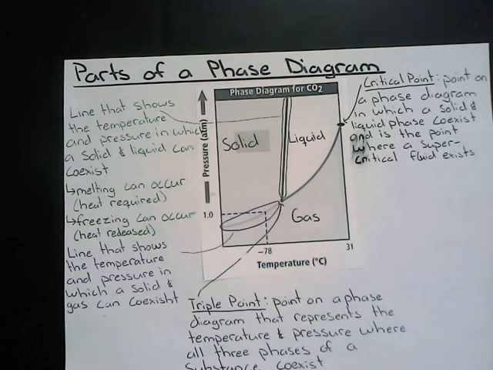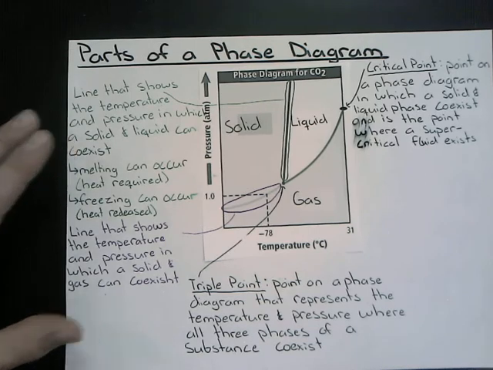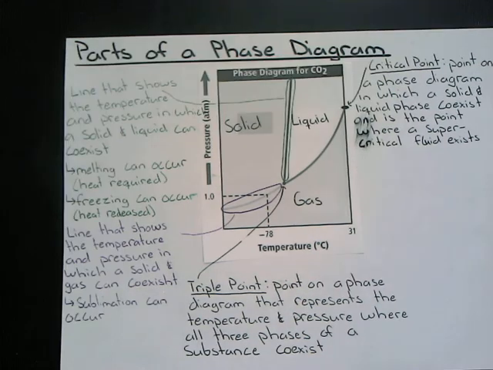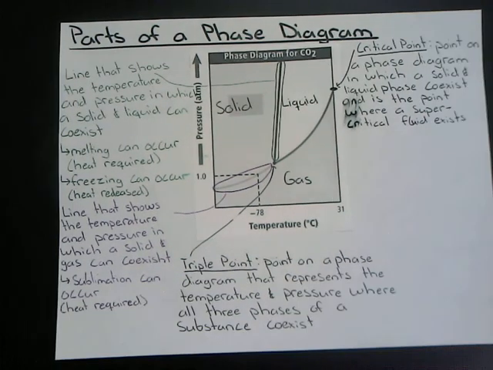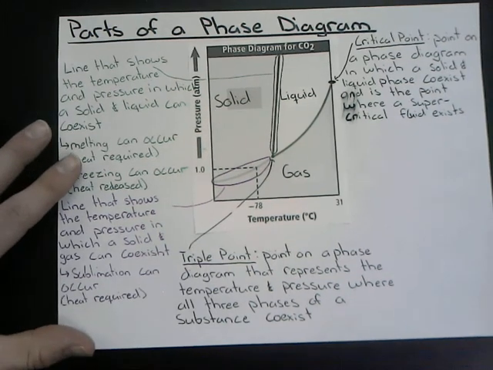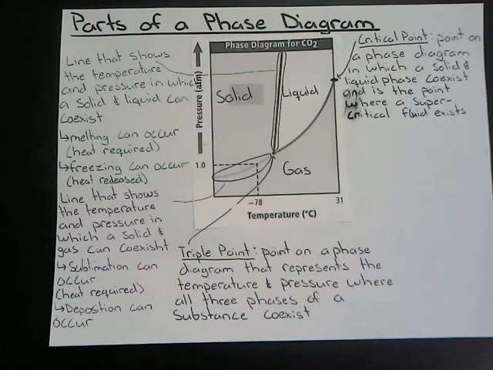Now, at this line, we can have 2 phase changes occur. Number 1, we can have sublimation occur. Now, remember, sublimation requires heat. Now what we can also have occur right here at this line I circled in purple is we can have deposition occur. And remember, with deposition, heat is released.